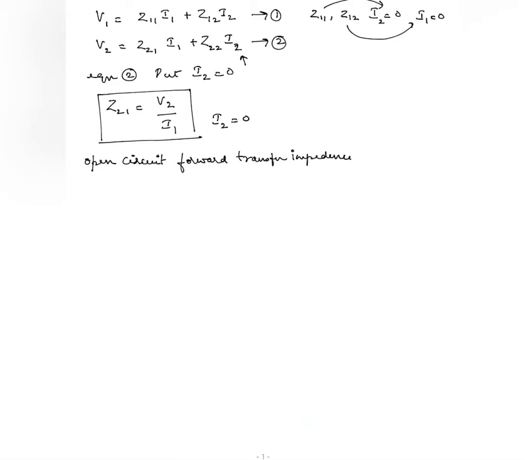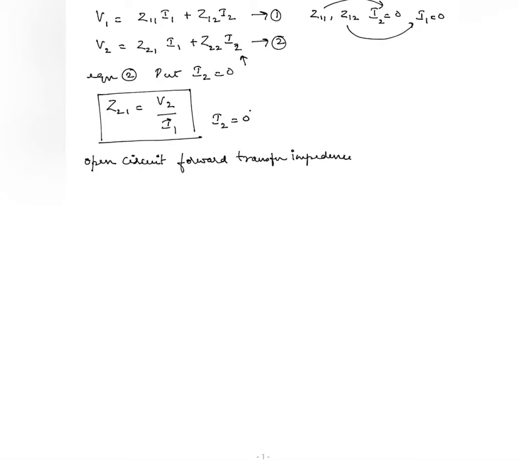It is open circuit because I2 is equal to 0. It is obvious. Forward transfer impedance. Forward because the input current I1 is involved here and the output voltage V2 is involved here. Again, it is transfer impedance because one parameter is of the input and the other parameter is of the output.